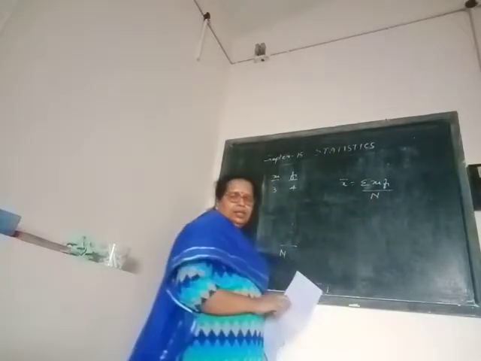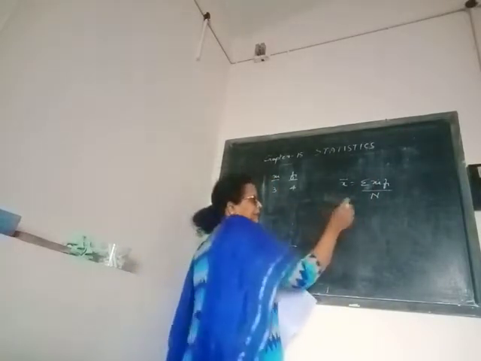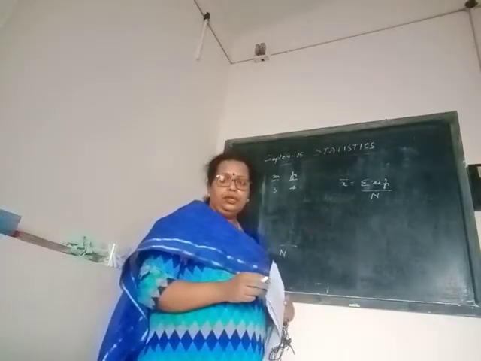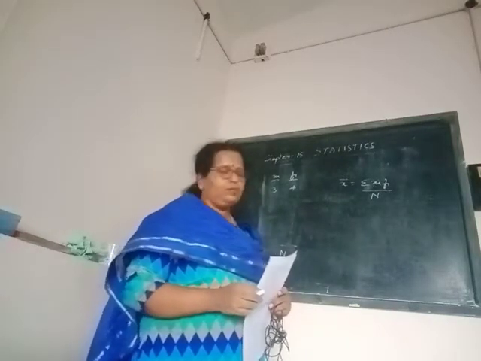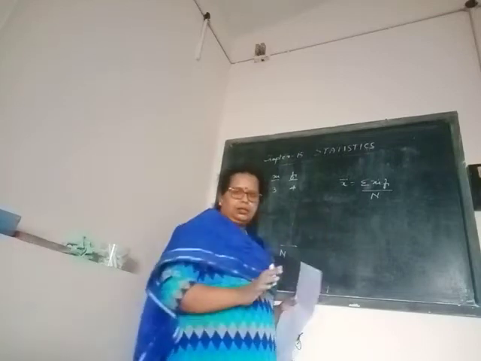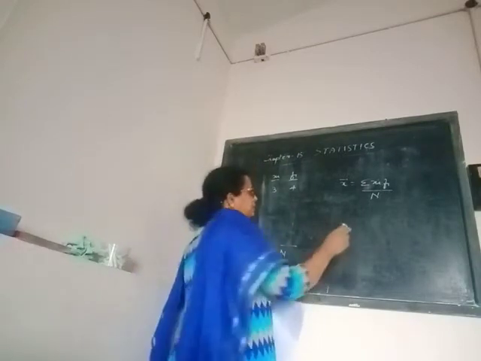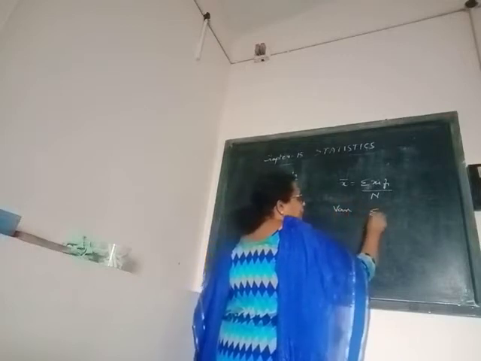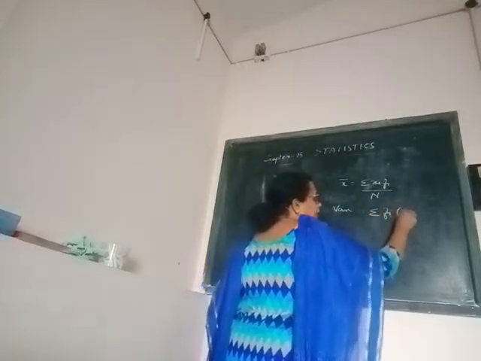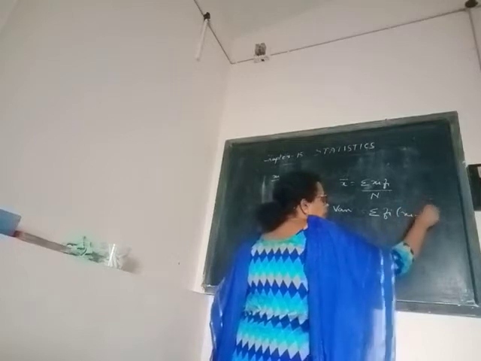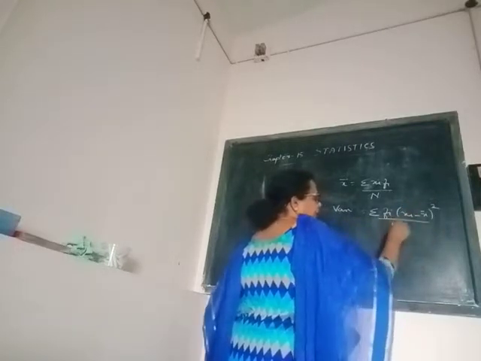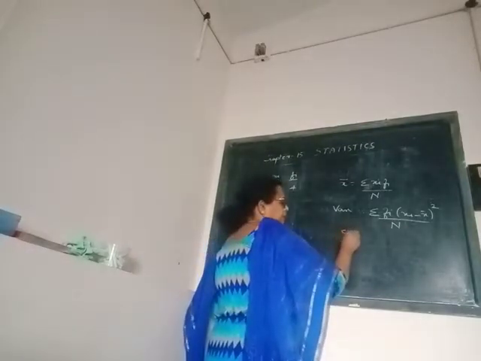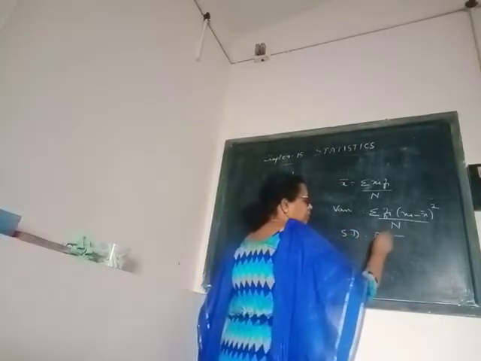So let us find the mean by using this formula, with slight changes for variance and standard deviation. No need of learning how the formula is derived. Just learn the formula by heart and do the problem. That's all. Variance is sigma fi into (xi minus x bar) whole squared by N, and standard deviation is the root of variance.